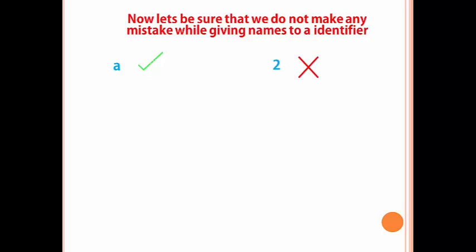But if it's 2, it's incorrect. If you write XYZ, ABC, anything, it's correct. But if you write 2ABC or 2XYZ or 2a, 2b, it's wrong. Why? Because it begins with a number.